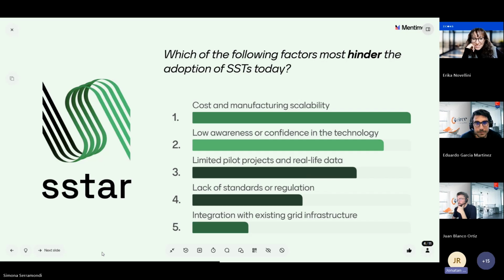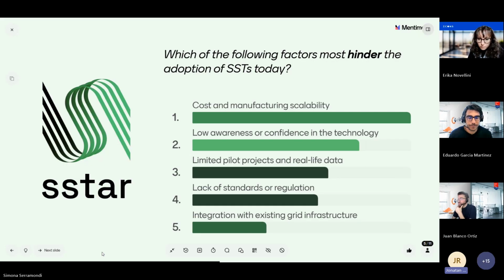Yeah, but currently we achieve the scalability. We can already guess. Confidence. Yeah, so low confidence in the technology. That's the reason for the importance of this kind of research project. In order to try to find how to scale up this kind of technology and try to get effective results, in order to get a higher confidence in the technology and finally to try to go to the market.